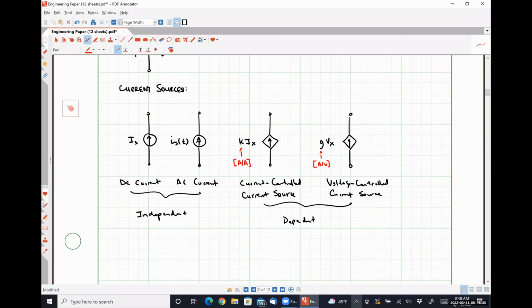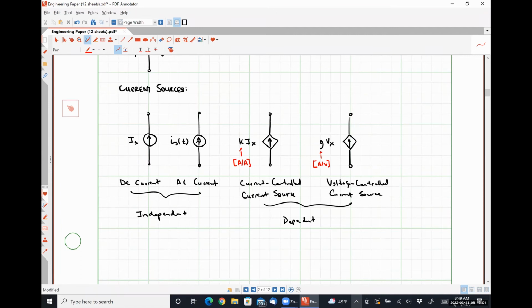So students quite often get voltage controlled current sources and current controlled voltage sources confused. The reason that they get it confused is because you see a voltage Vx, and so you assume that thing should be outputting a voltage.